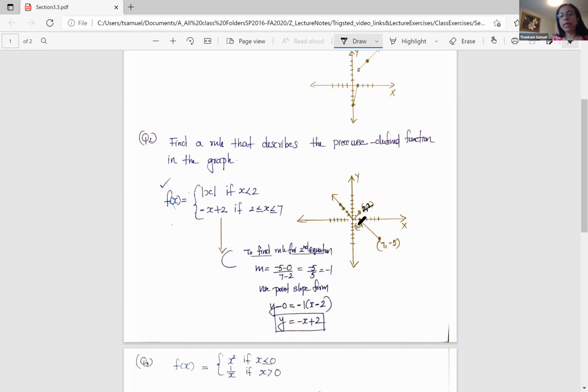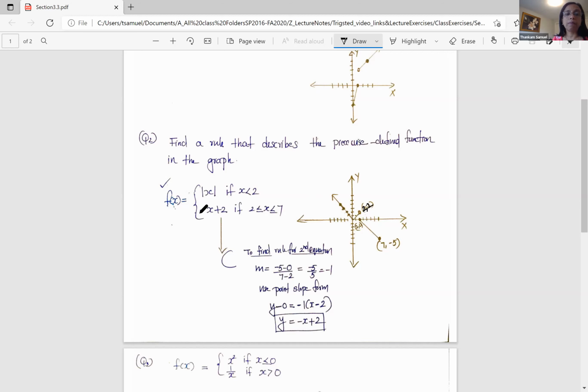And you can see that there is a closed circle here and a closed circle here. So the x values are between 2 and 7, and since they have closed circles here, x equals 2 and also 7 are included. So our rule based on this graph is a piecewise function.